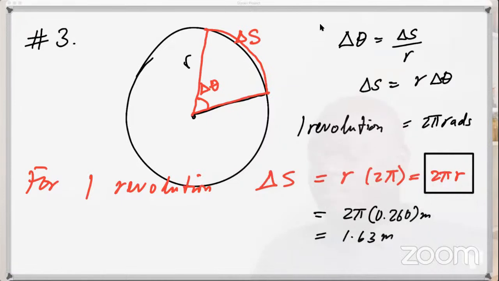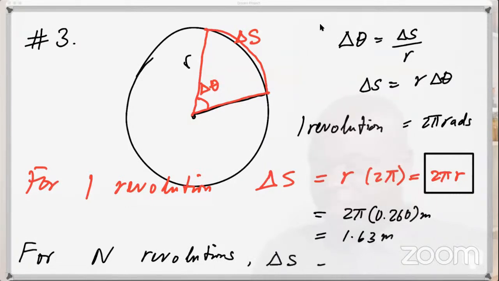Okay, so let's say the tire rotates n times. The distance will be what? Well, we know it's 80,000 kilometers, but let's keep that aside.